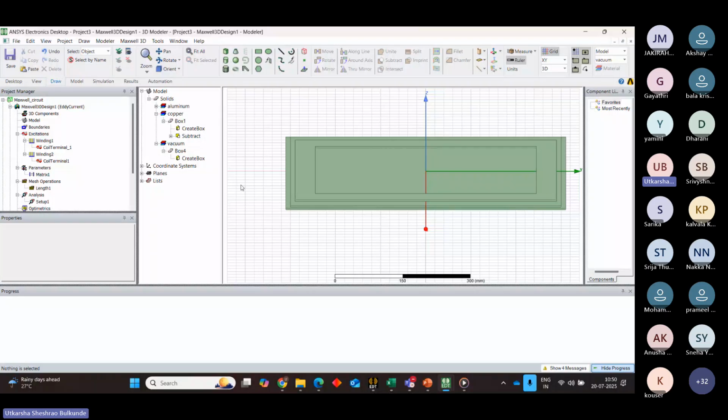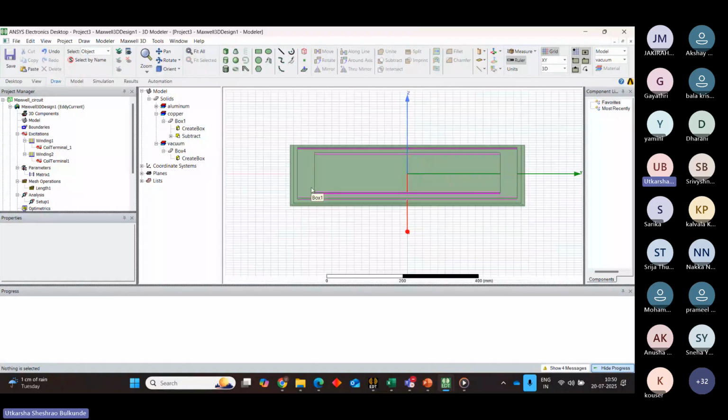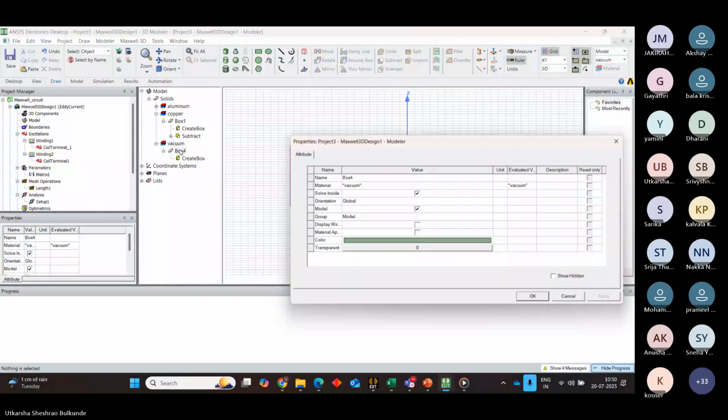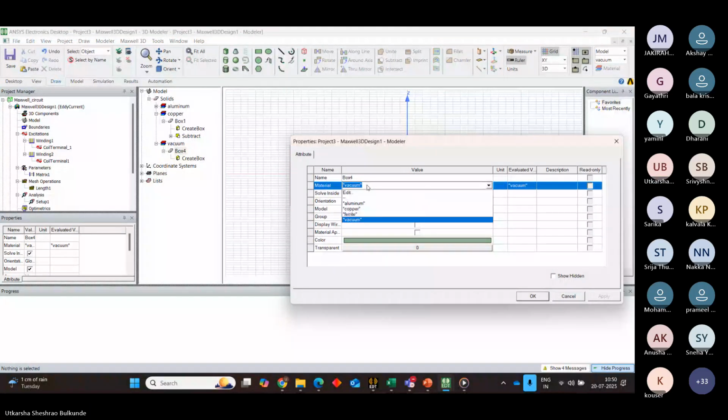So this is your transmitter coil. Now to make the receiver coil, I have not given materials. Okay.